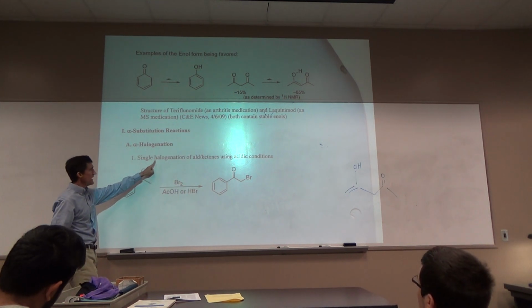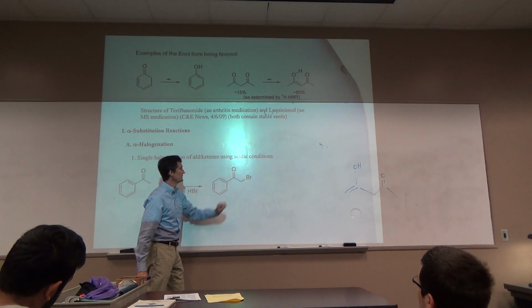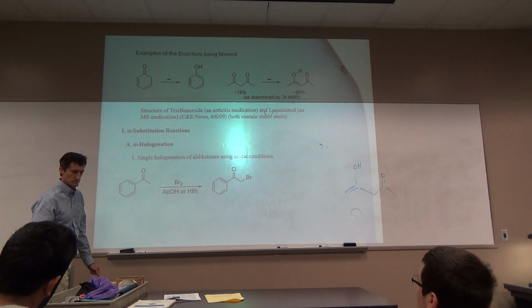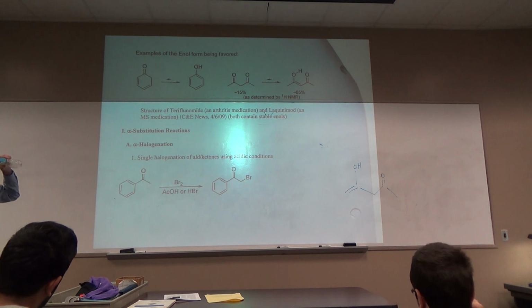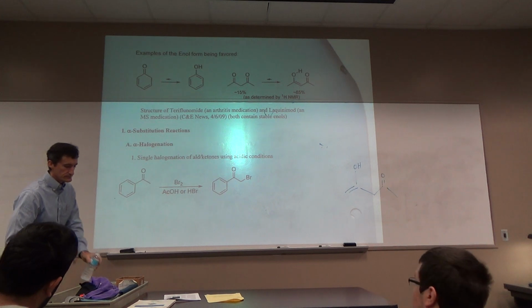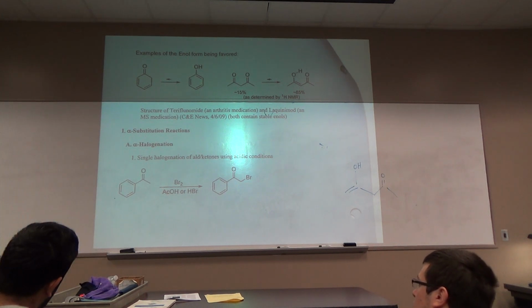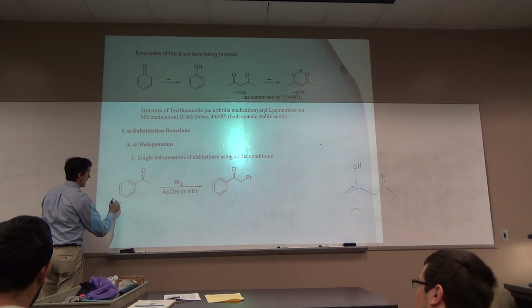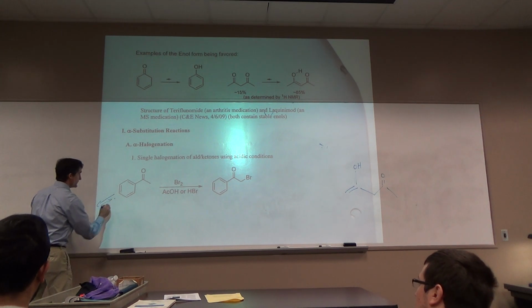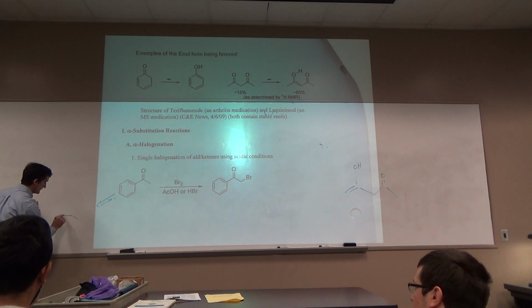We'll start with single halogenation under acidic conditions. Mechanism for this reaction. The enol is a key intermediate. Enol. This is in equilibrium with the enol.